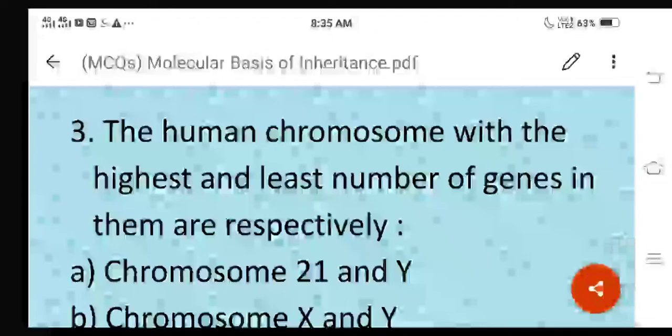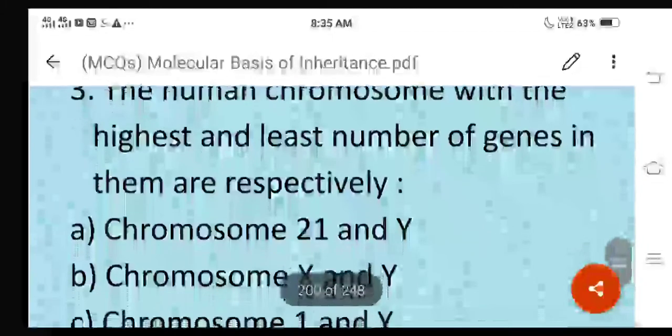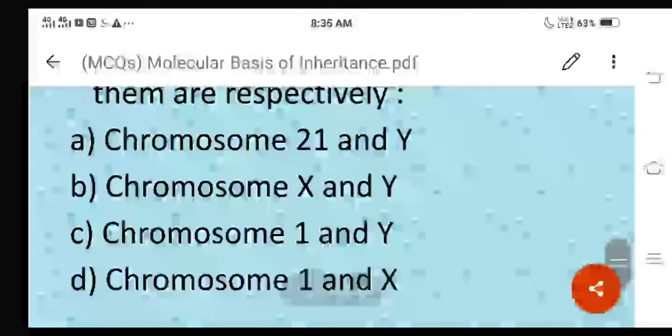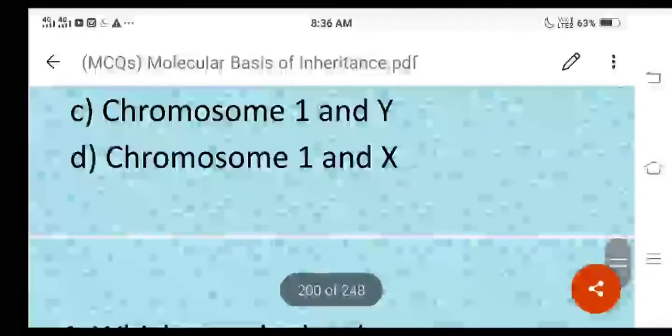Again the question is different but the concept is the same. The options are: chromosome 21 and Y, chromosome X and Y, chromosome 1 and Y, and chromosome 1 and X. Again option C is the correct answer. Chromosome 1 has the most genes, and Y has the least number of genes.